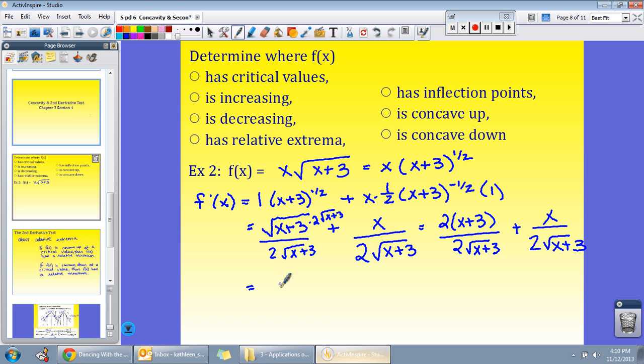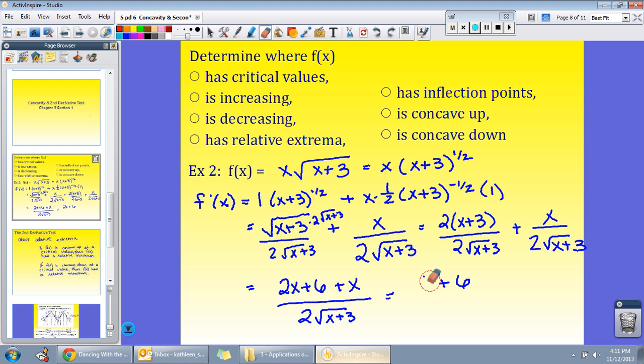So let's make that one fraction. So we're going to have 2x plus 6 plus x over 2 square root of x plus 3, or 3x plus 6 over 2 square root of x plus 3.